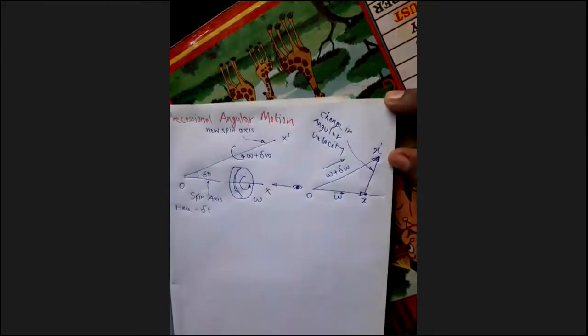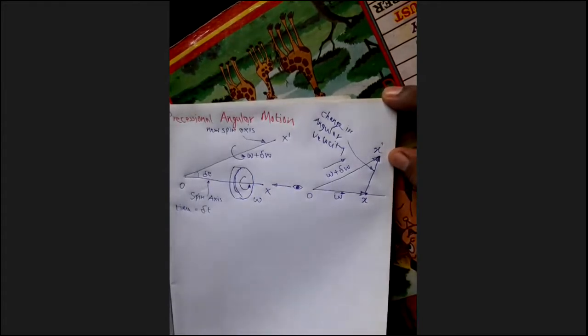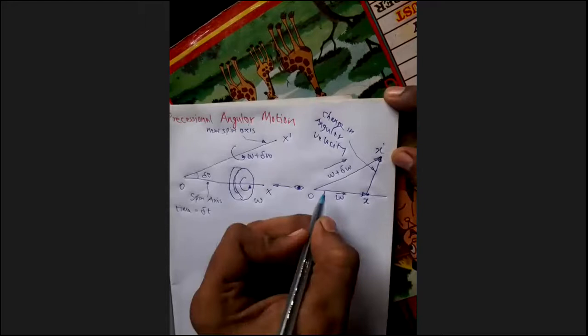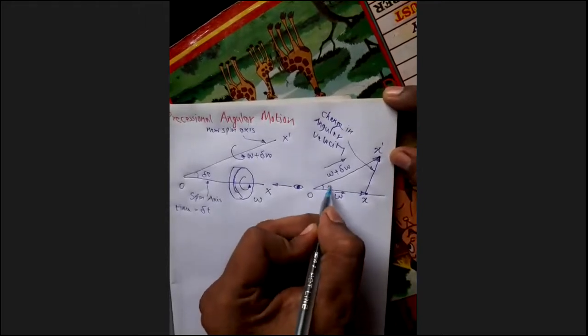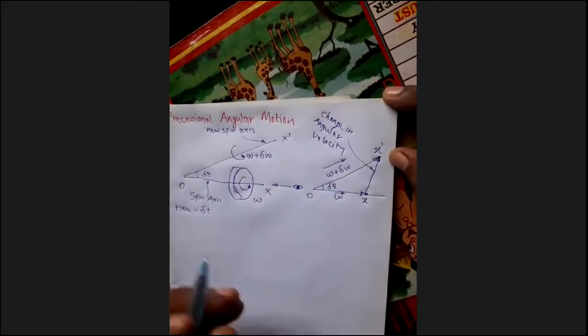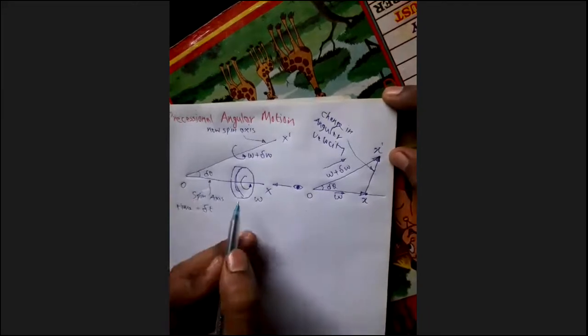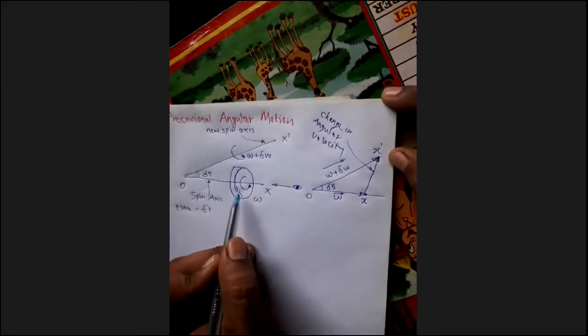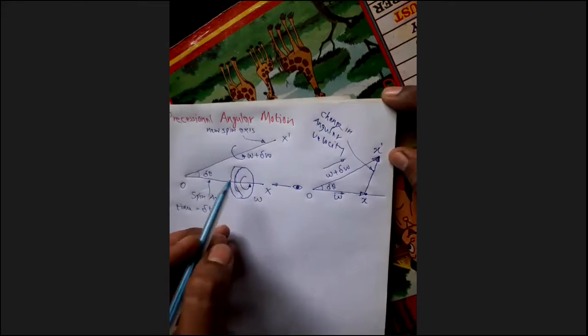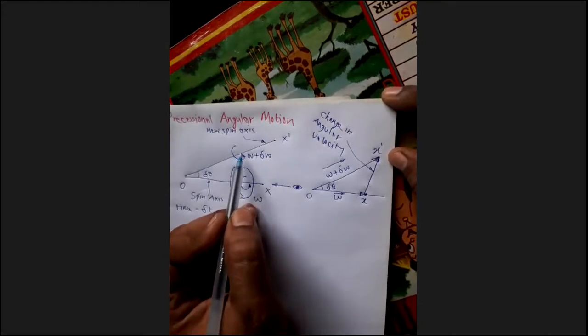Did you understand this vector diagram? This angle again is delta theta. What I am doing is representing angular velocities at the initial position and at the final position by vectors.